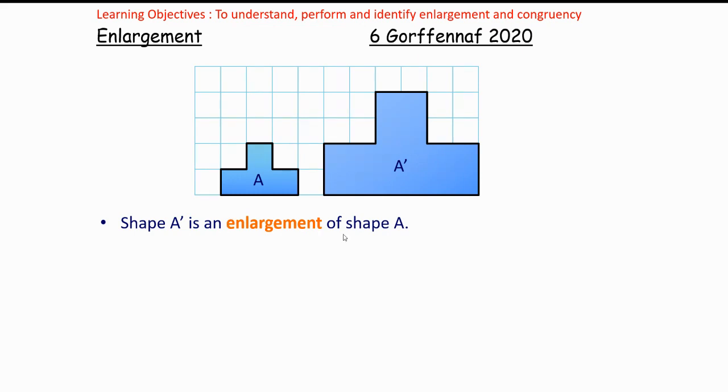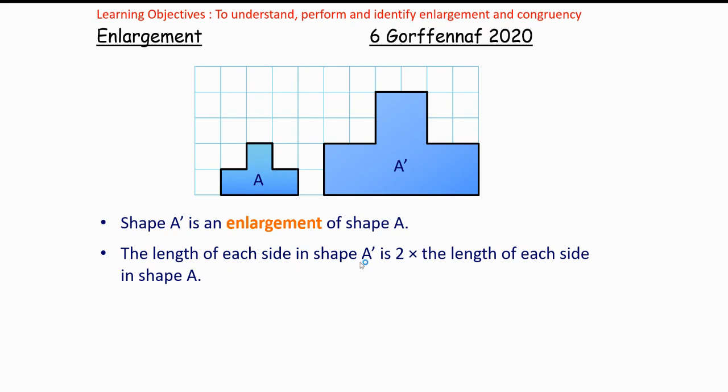Now, an enlargement is a maths word which means that it's the same shape, but a different size. You could have, in reality, 2 things, one bigger than the other, but they're not exactly the same shape, and you might call one an enlargement of the other. But in maths, it's got to be the exact same shape, just a different size.